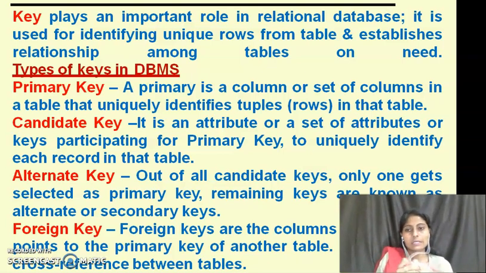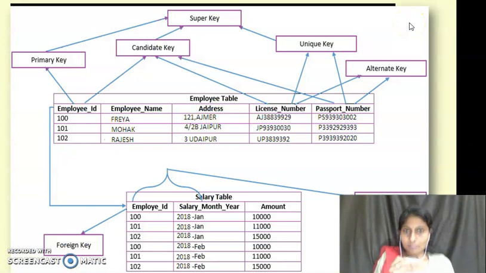So here's the clarification of the different types of keys in DBMS, and now we will discuss it with the help of images in table format. Just like we can see here is a table with employee ID, employee name, address, license number, passport number.